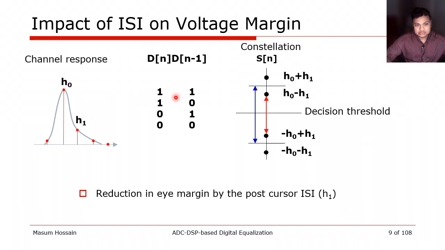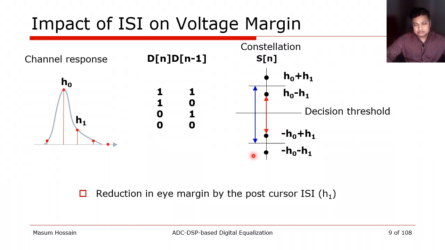Since these two bits can combine in 4 possible ways, they translate to these 4 levels, which we will refer to as constellation points. When both of them are 1, then H0 and H1 will combine in a constructive manner. But when one is 1, the other is 0, then we see H0 minus H1 reflecting this constellation point. Similarly, other 2 constellation points can also be mapped.